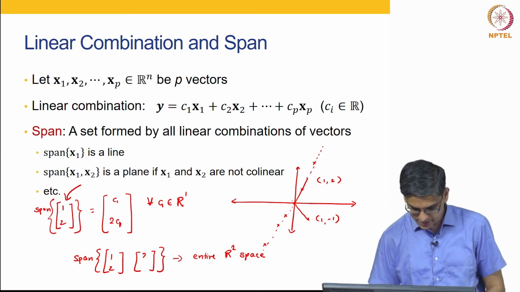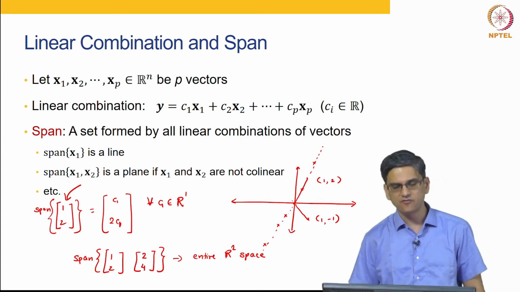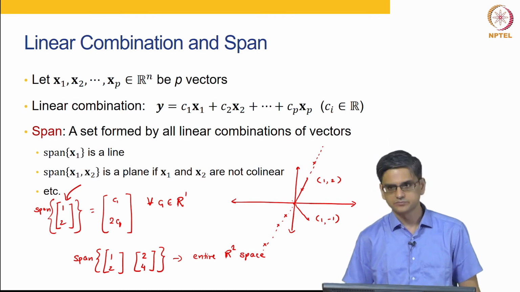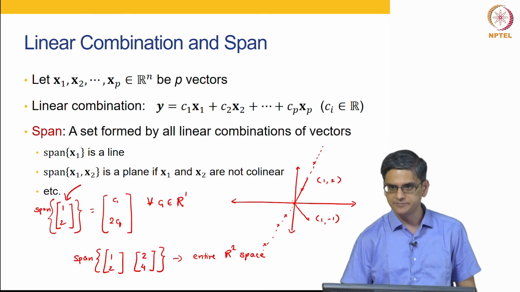What if I ask you what is the span of 1, 2 and 2, 4? It is that same line. Why?